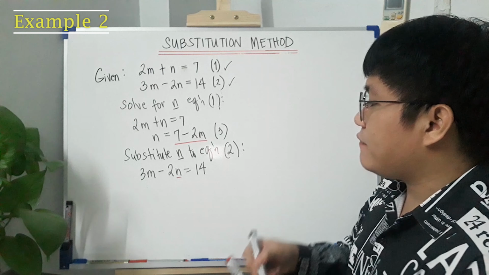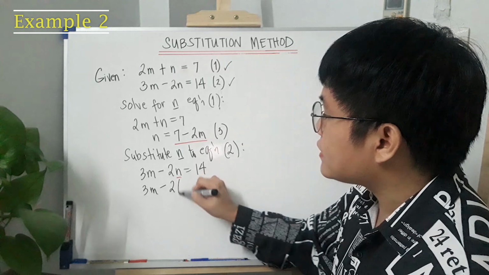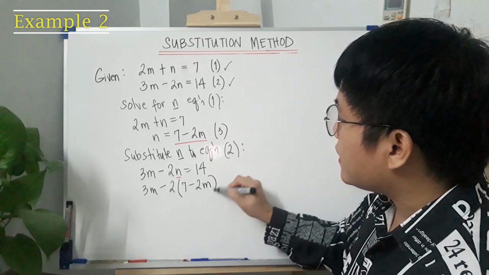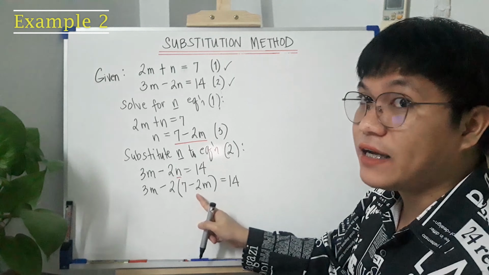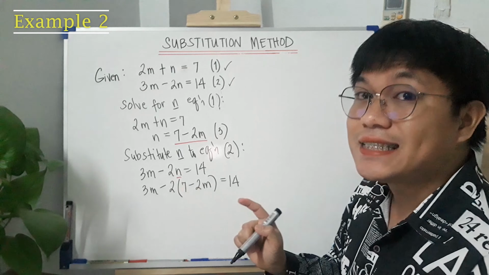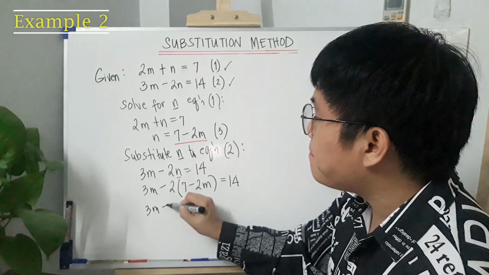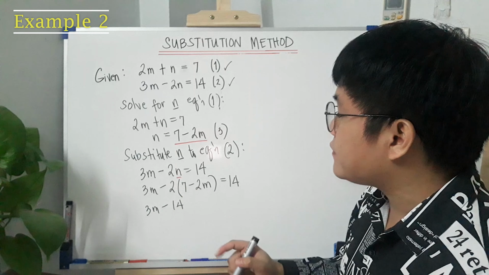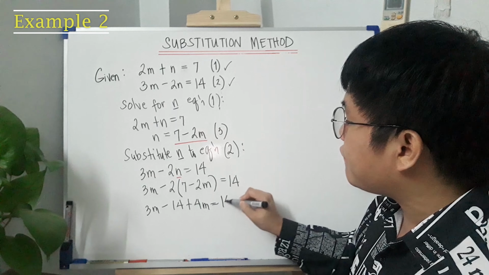So we have here 3m minus 2 times 7 minus 2m, equals 14. Here n is equal to 7 minus 2m. And then distribute 2 to the two terms inside the parentheses first. So we have here 3m minus 14, negative 2 times negative 2m, that is plus 4m, equals 14.